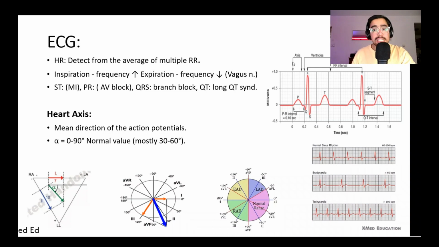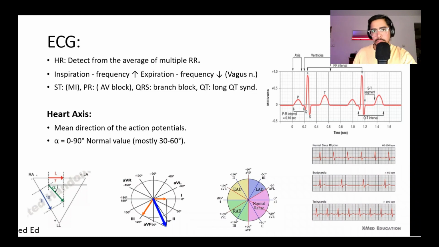And the QRS, if it's wide or narrow, it shows some bundle branch block. After the bundle of His, we have two branches, right and left. If there is any block, there will be narrowing or widening of the QRS. Then we have the QT. If the QT is longer, then there will be long QT syndrome, which is very dangerous, and it can be congenital in some people.